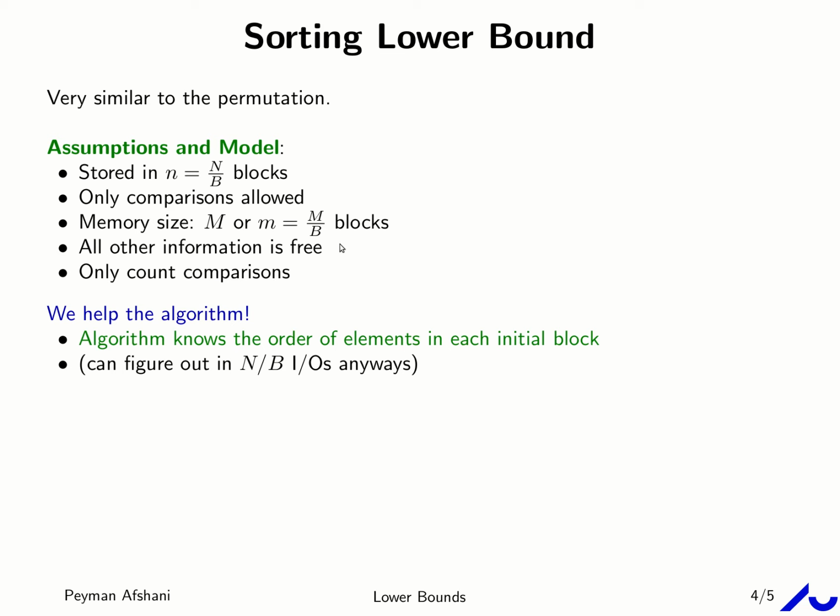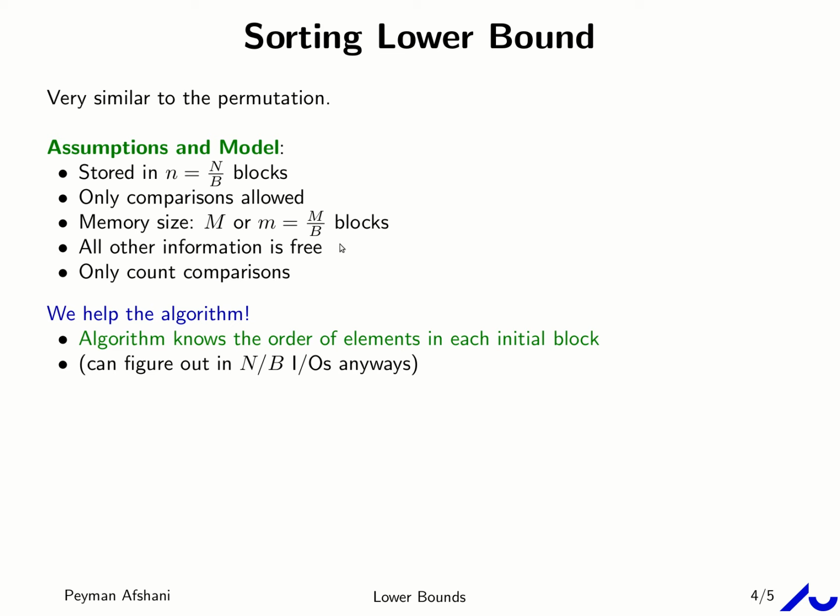To be able to simplify the lower bound, we actually help the algorithm a little bit. At the beginning of the algorithm, when the algorithm receives the input, we tell the algorithm the order of the elements inside each initial block. In other words, we allow the algorithm to compare all the elements in blocks for free.